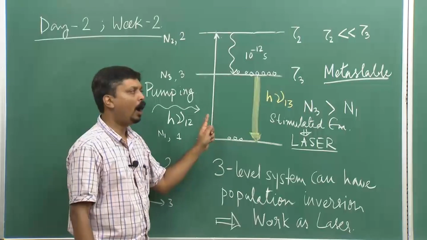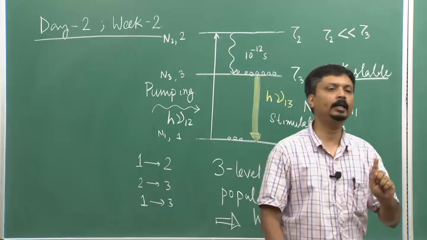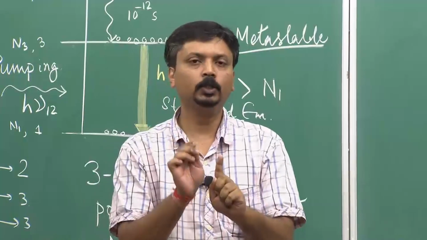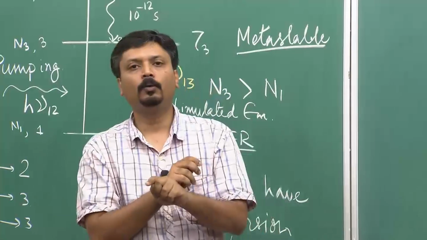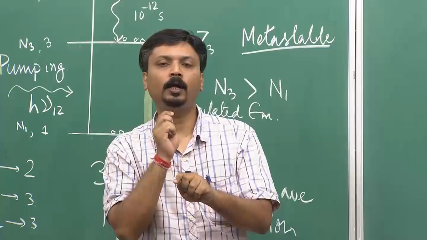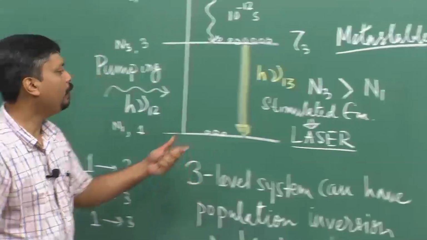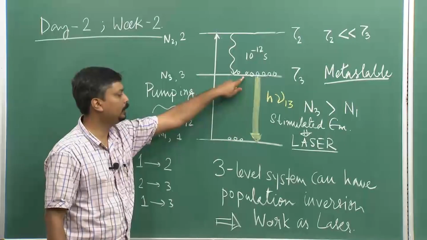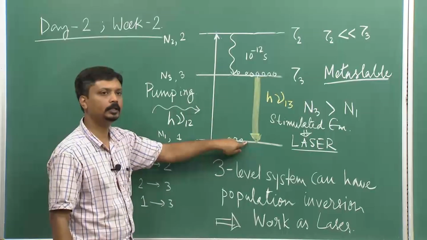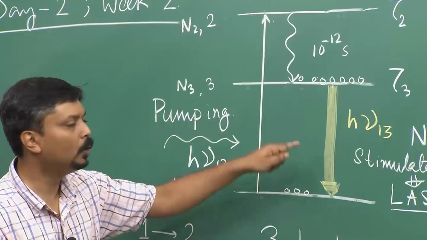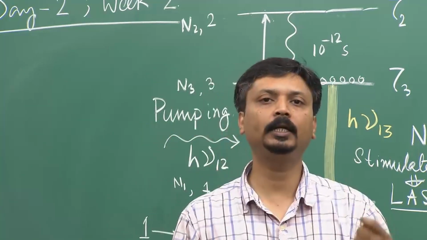So how do we start the stimulated emission? Because stimulated emission requires a stimulus, so it will not happen on its own, correct. So how does this stimulation take place? If you think about it, this state is coupled to this state by a downward transition. That means from here a downward transition can happen radiatively. So at some point of time there will be a spontaneous emission.